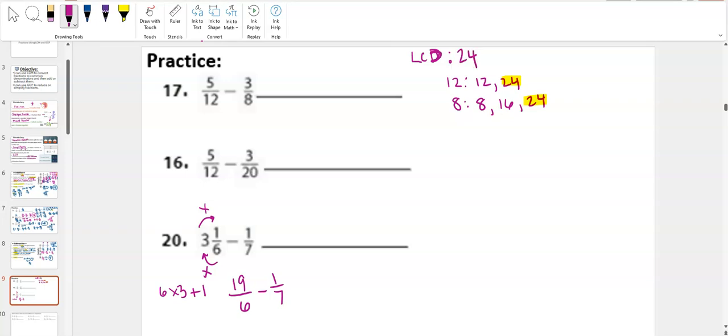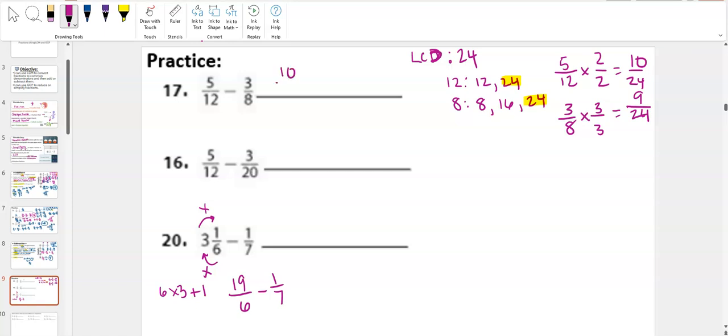So now we're going to find those equivalent fractions with the common denominator. So I'm going to turn 5/12 into 24ths by multiplying by that form of 1, which is 2/2. Okay, I'm going to turn 3/8 into 24ths, again by multiplying by the form of 1, 3/3, since 8 times 3 is 24, so I'm going to get 9/24.